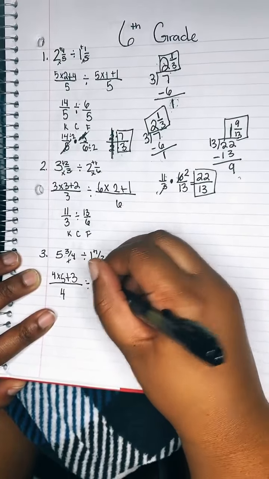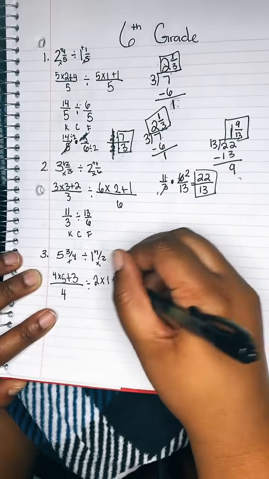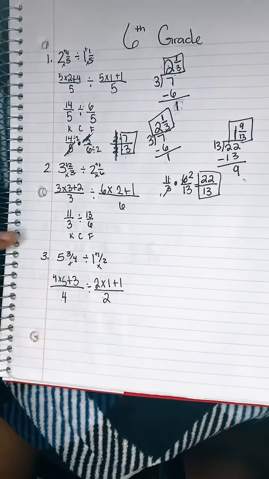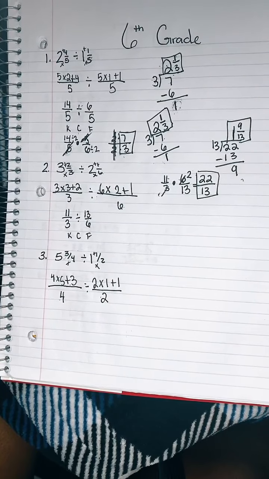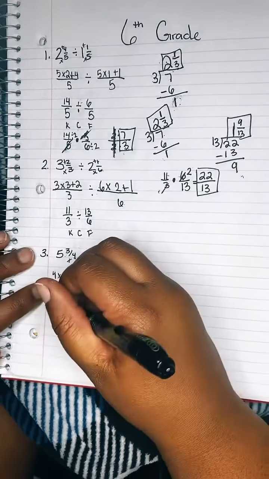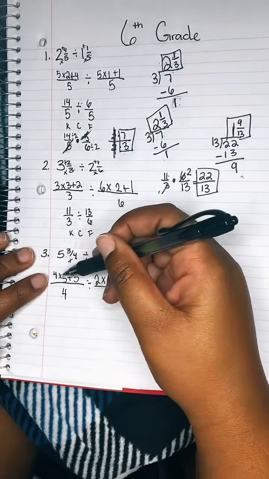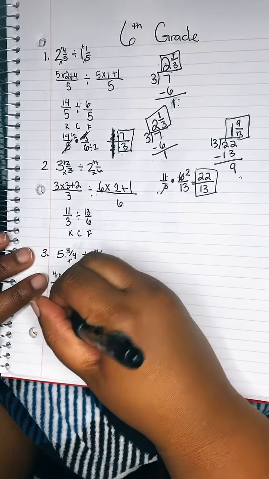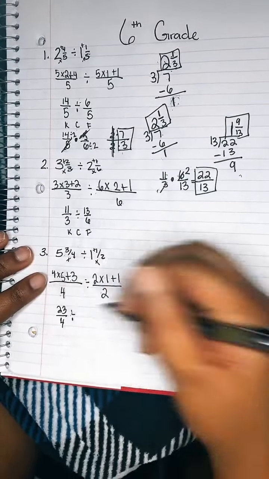So 2 times 1 plus 1 over 2. Okay, good. So you said 20 plus 3, 23. Love it. 23 divided by 4. Perfect. So 4 times 5 is 20 plus 3 is 23 divided by 4. And then we have divided by.